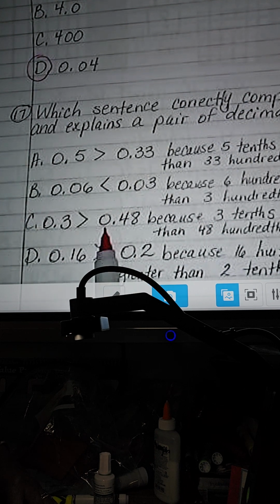B, 6 hundredths is less than 3 hundredths because 6 hundredths is less than 3 hundredths. Yes or no? No. What about C then? 3/10 is greater than 48 hundredths because 3/10 is greater than 48 hundredths. No. Or D, 16 hundredths is greater than 2/10 because 16 hundredths is greater than 2/10. Yes.